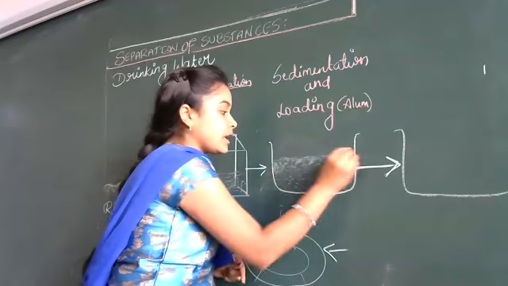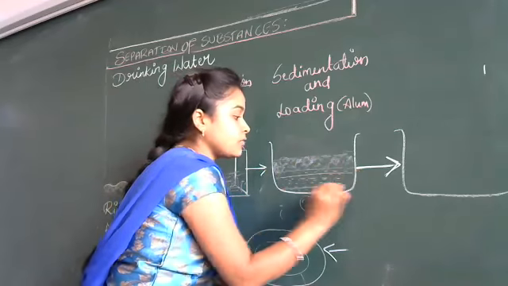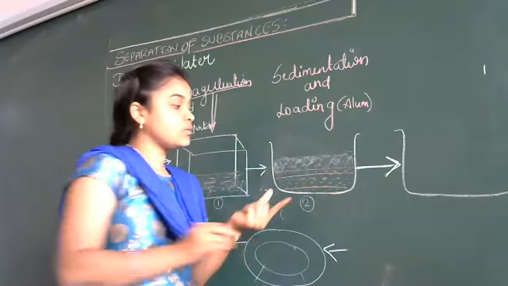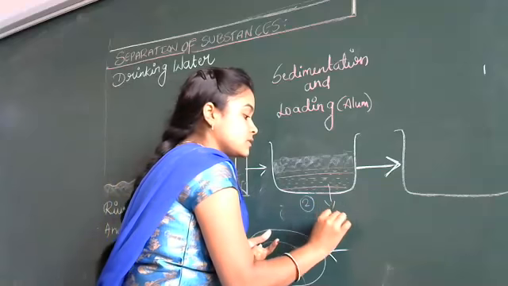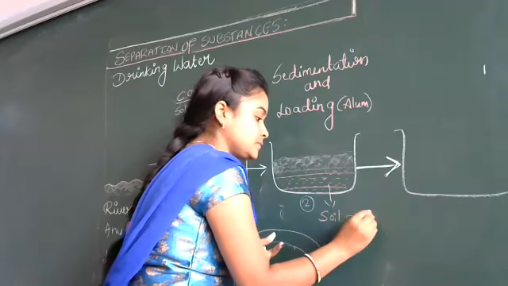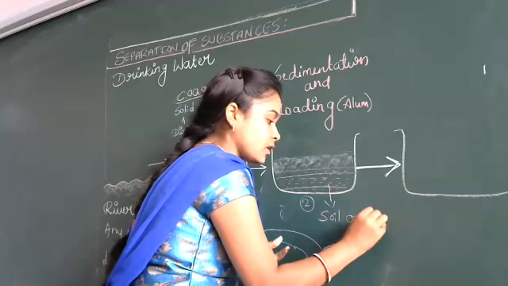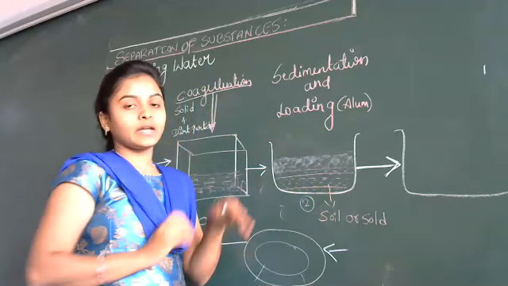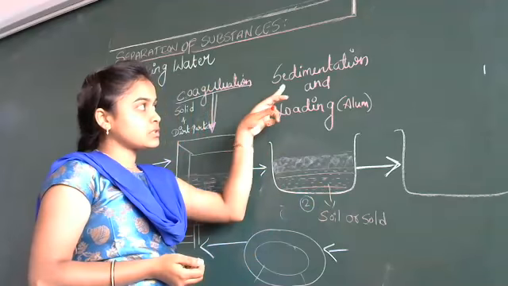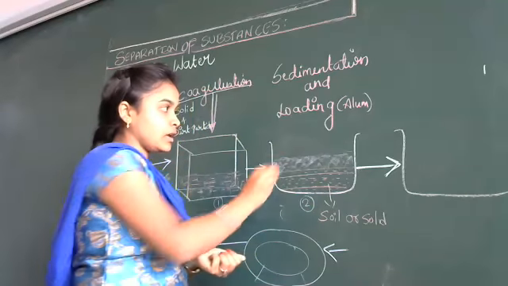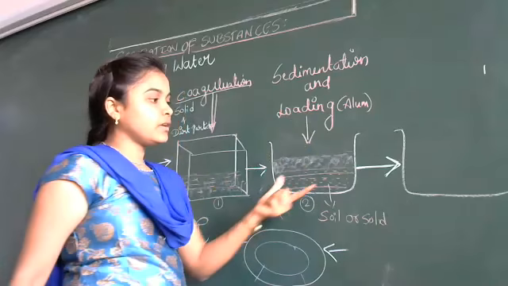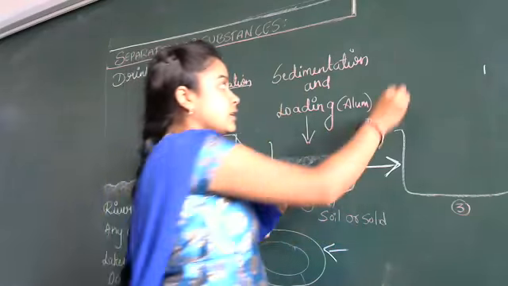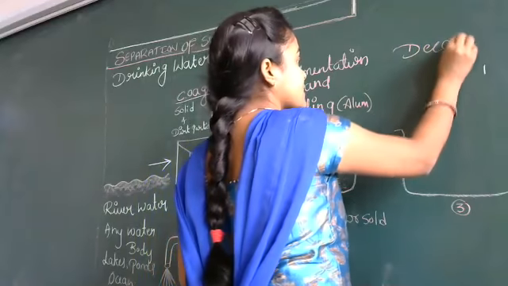Now here we got a layer of water and a layer of solid material, or you can see the soil or solid particles. So both layers have been separated by the process of sedimentation and loading. Now in the third container, decantation is done.